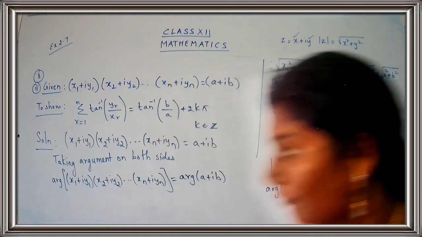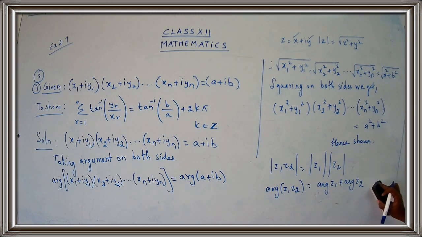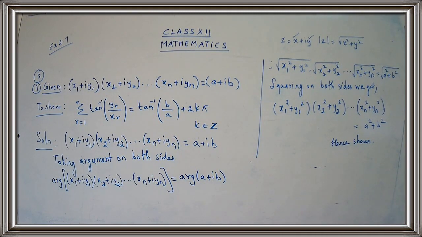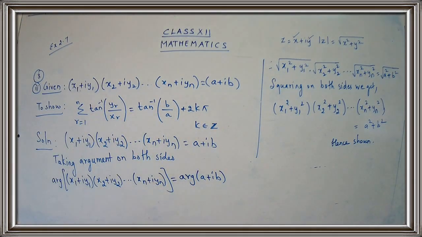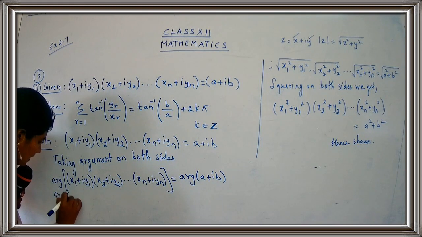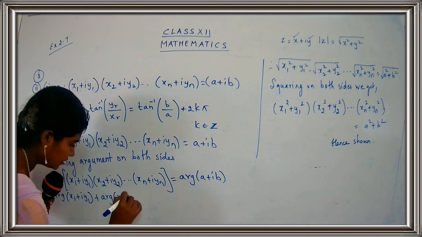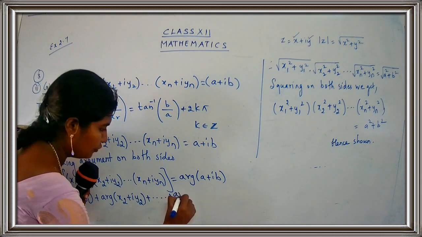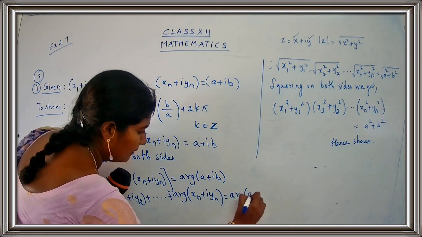Now here I am going to use the property: argument of z1 into z2 is equal to argument of z1 plus argument of z2. I am going to mention the property over here. Just take down the step. So this is argument of x1 plus i y1 plus argument of x2 plus i y2 plus dot dot dot plus argument of xn plus i yn is equal to argument of a plus ib.